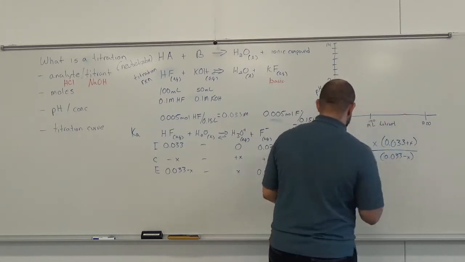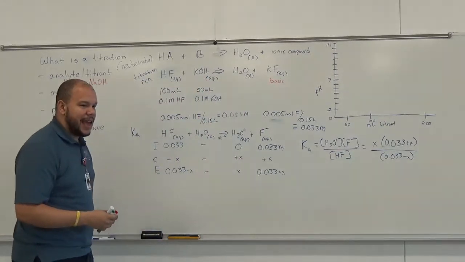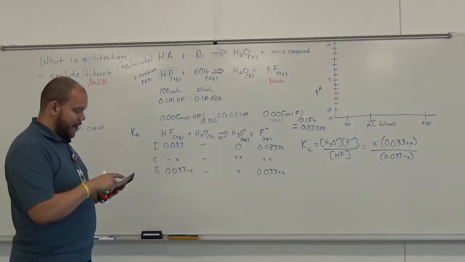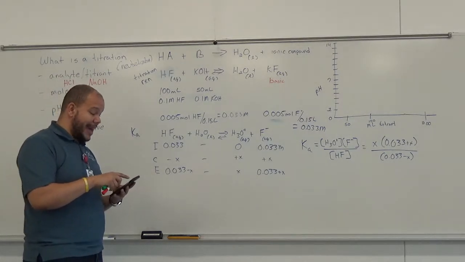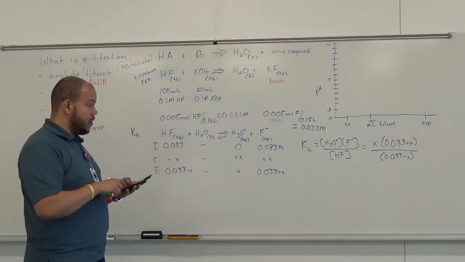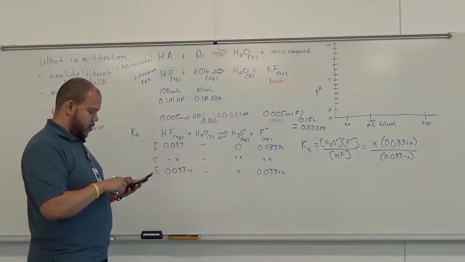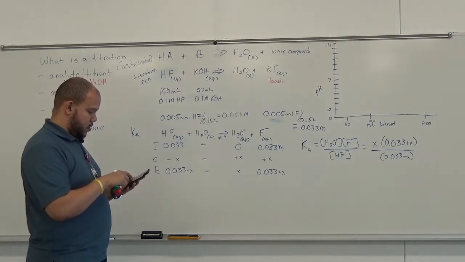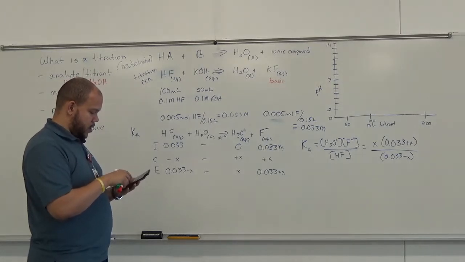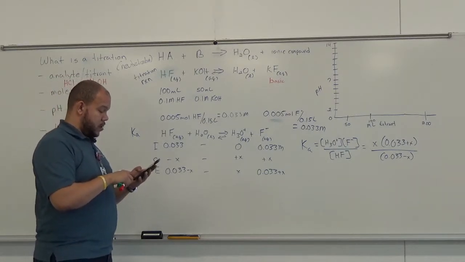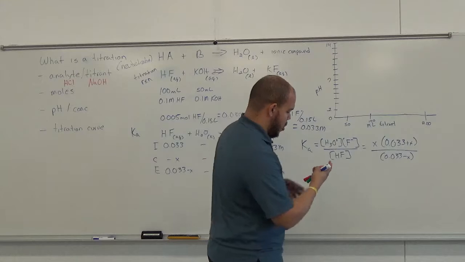If we look up and determine the Ka for HF, it has a small Ka, which means that it is a very weak acid. If it is a weak acid, remember, we can drop the x, and that value is 6.6 times 10 to the negative 4.